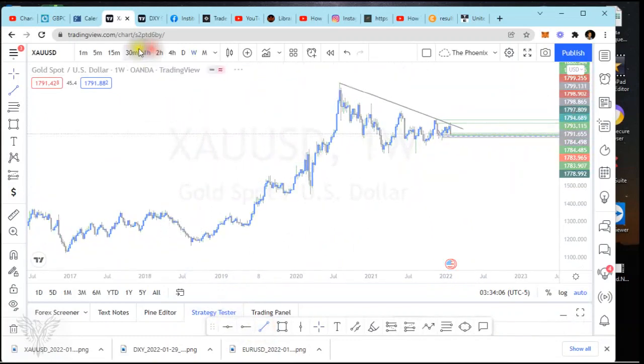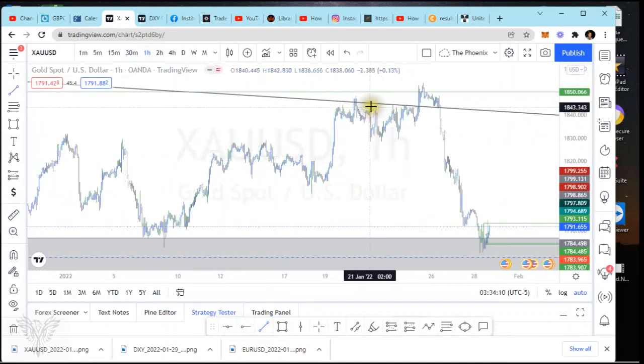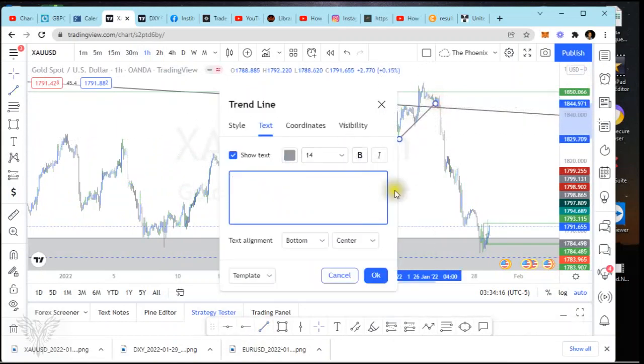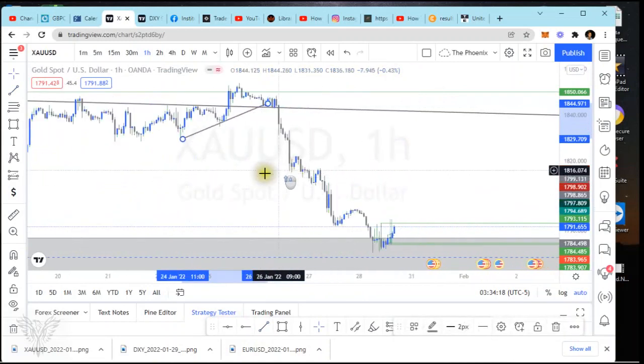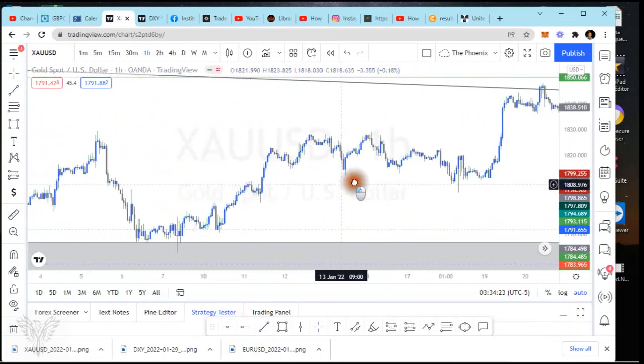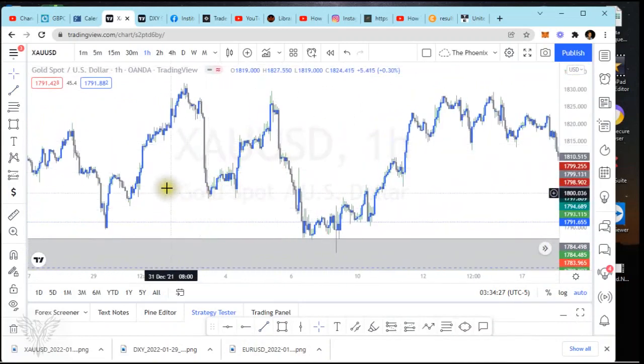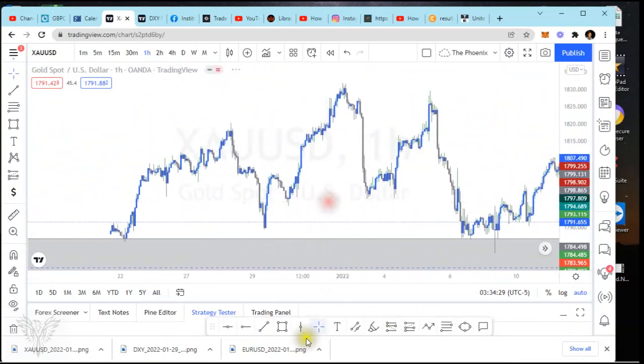Let me fall back to the 1 hour. There was a trend line in here, right here. Let me see if I can find some, and I'll show you what happens each time you see a trend line form in terms of how price is moving.